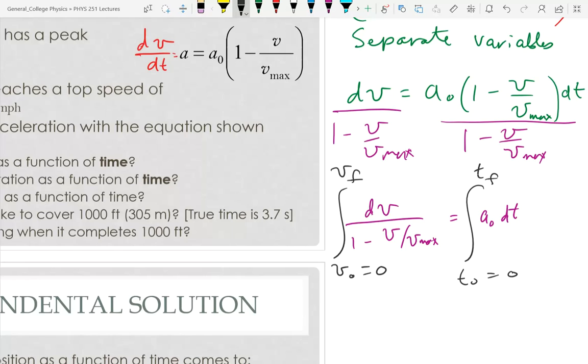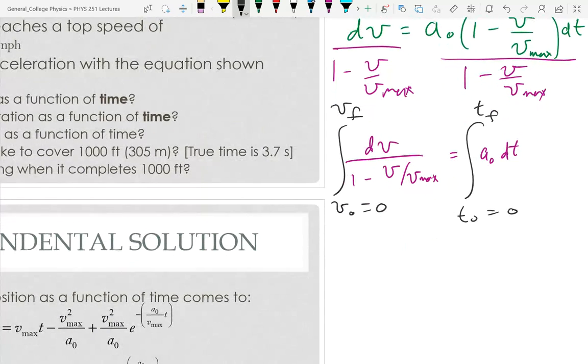Okay, integrals. The left-hand integral. I know one person that's done this enough that he started just writing the answers without the intermediate steps. I personally still write the intermediate steps, so somebody's a little more fluid with this than I am right now. So what I do to make sure I don't screw it up is I let u equal 1 minus v over v max.